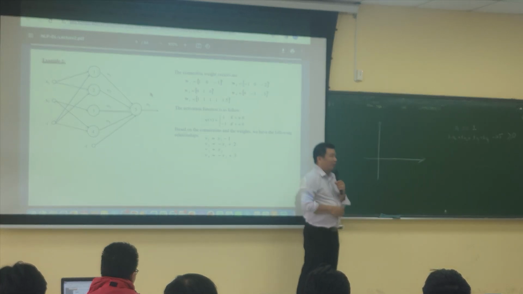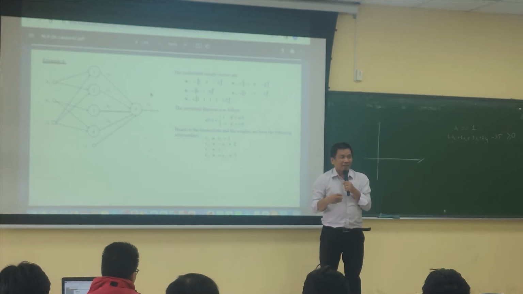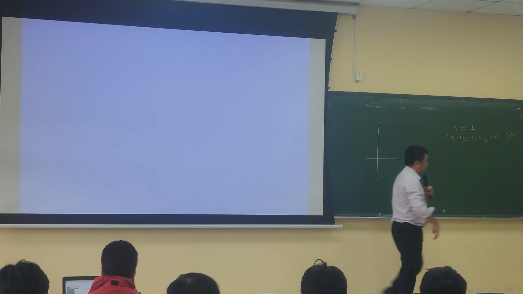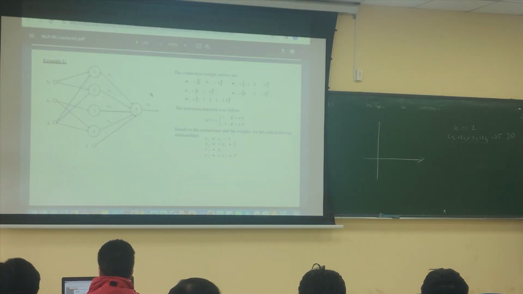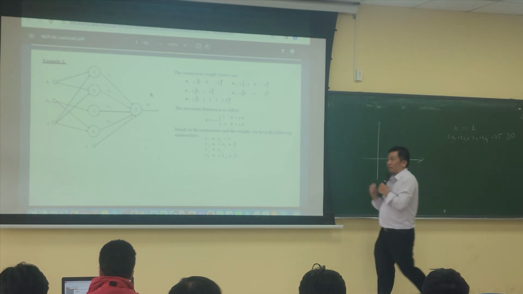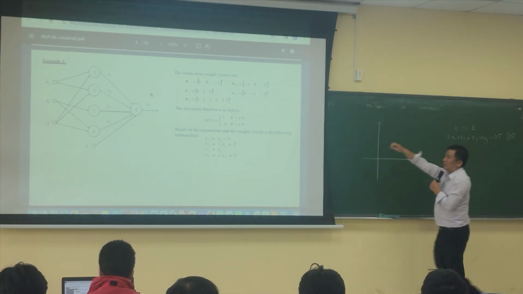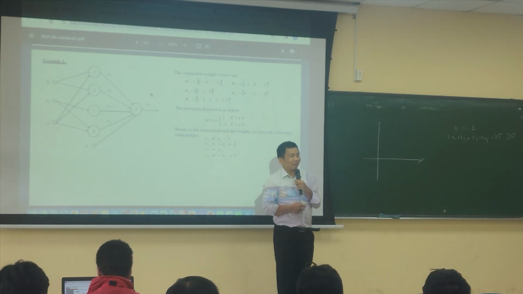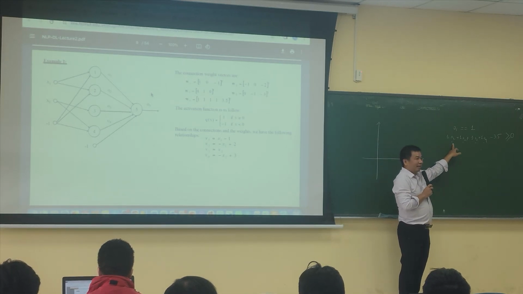So that means O1, O2, O3, O4 can only be 1 or minus 1, because this is the result of the activation function of the neuron. So what is the possible value of O1, O2, O3, O4 that makes this equation positive?